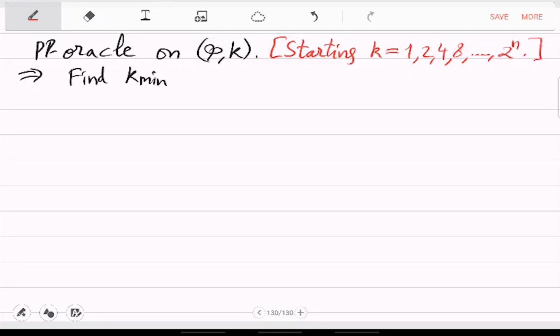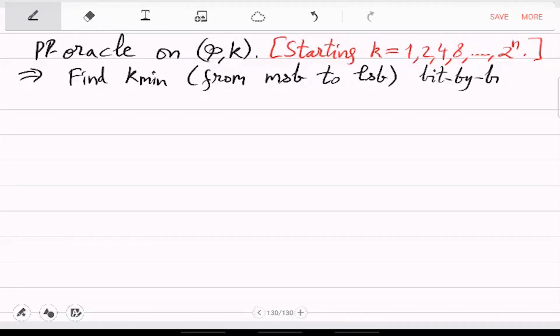So find k min from MSB to LSB, bit by bit, each using a query to the PP oracle.